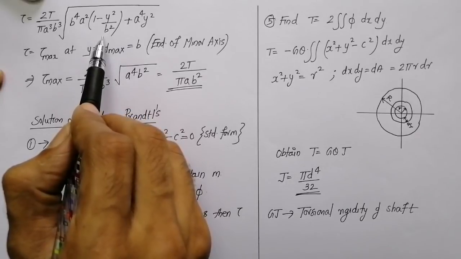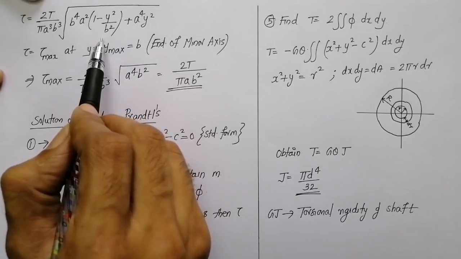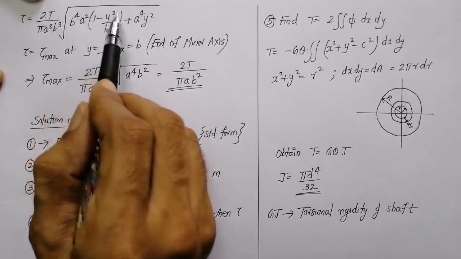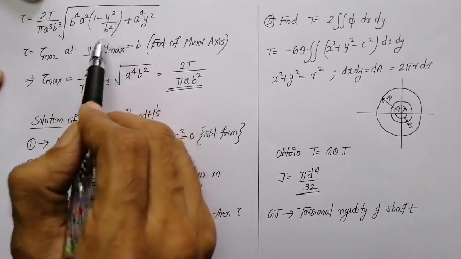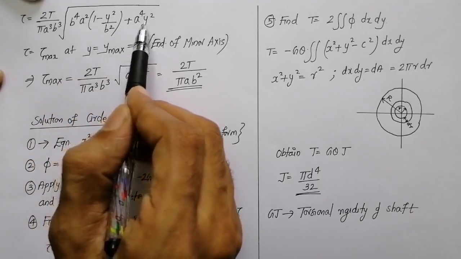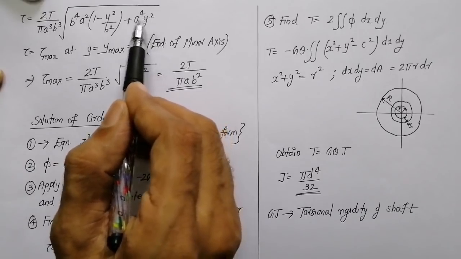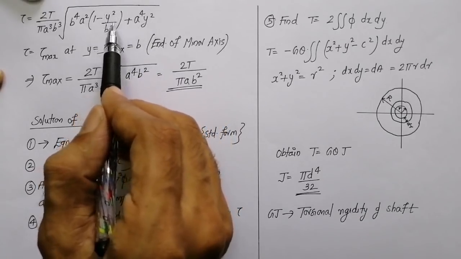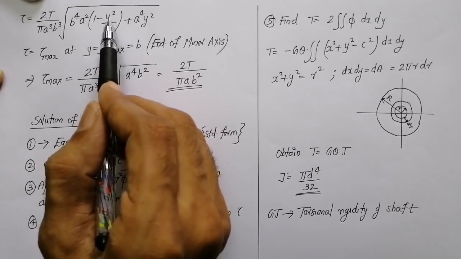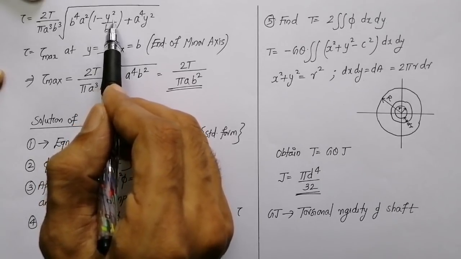That is x square by a square plus y square by b square equal to 1. From that I can substitute the value for x square as this plus a raised to 4 y square. Now you can see only one variable is there in this equation. We have removed the variable x from this equation before substituting the value for y.